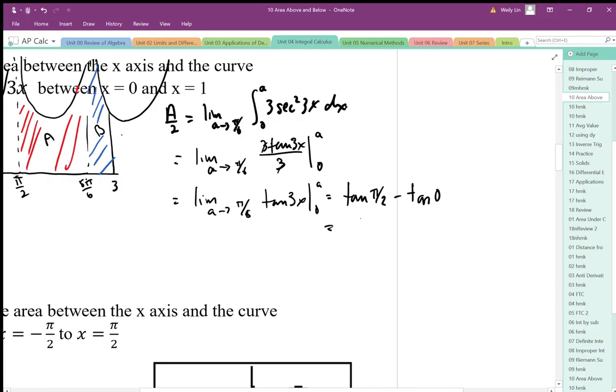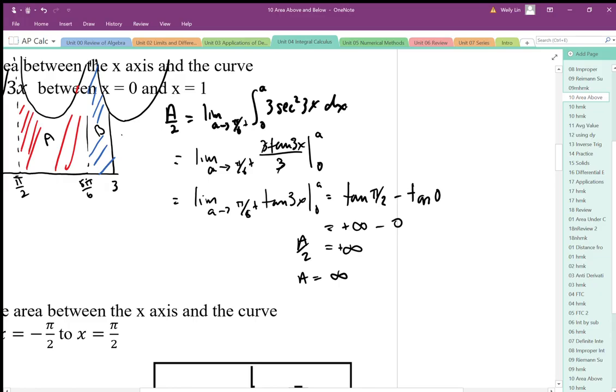Tan of pi over 2 is infinity, and we're approaching it from the positive side, so it's going to positive infinity minus 0, and we end up with positive infinity. So half of the red area is infinity. If half A equals infinity, we can say that A is an infinite area.